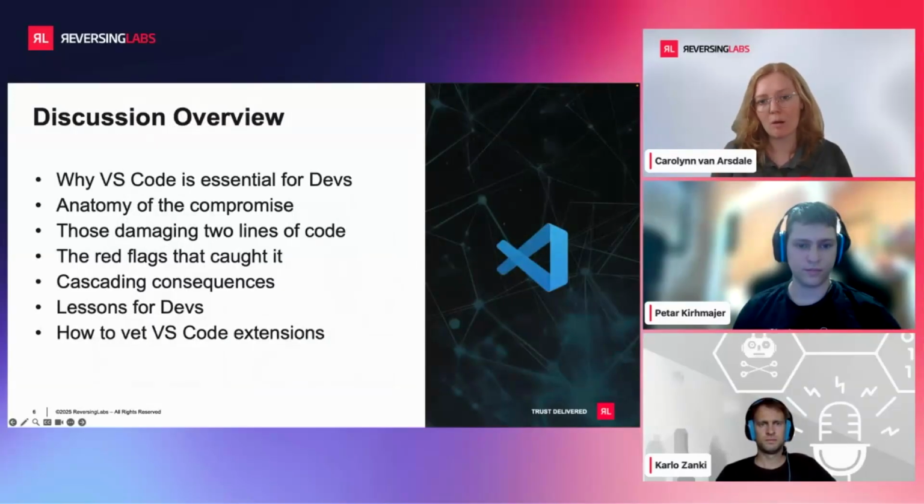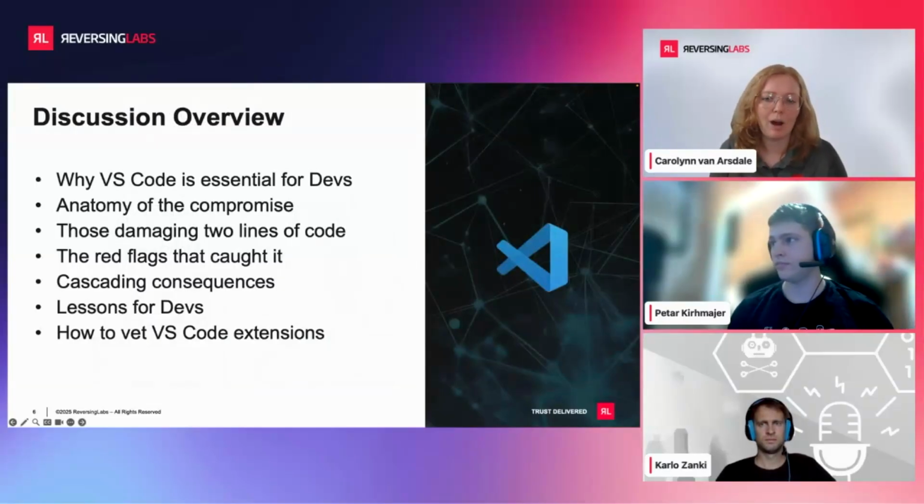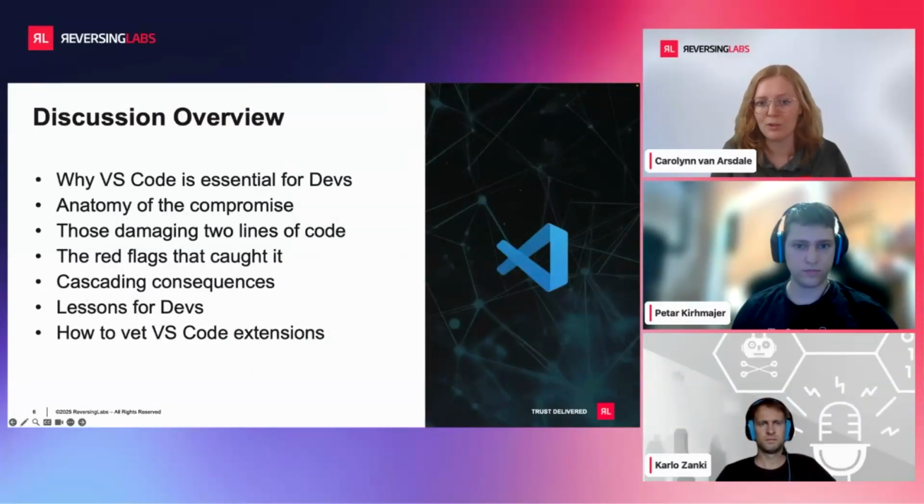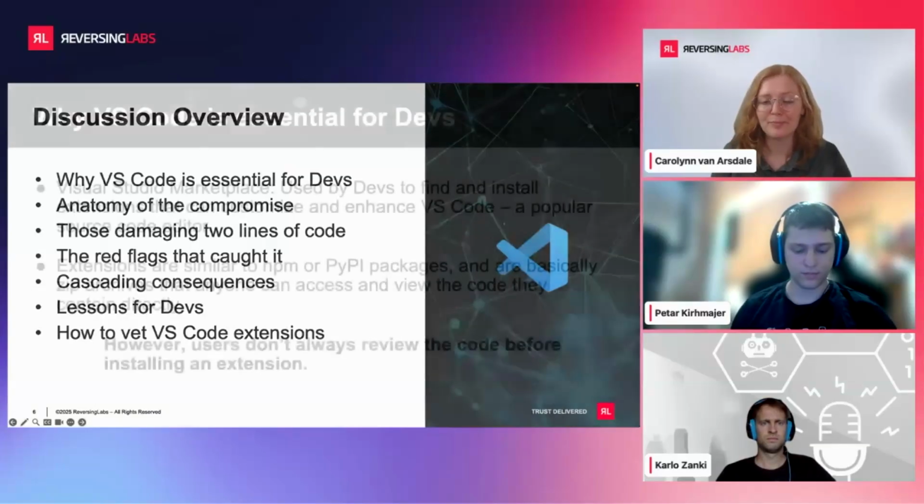But before we get into the compromise, we're going to be just giving some background on what VS Code is, why it's essential for developers, and then I'm going to have our talented researchers take it away and just explain what happened with this compromise, how ReversingLabs was able to catch it, the consequences of this compromise, and what lessons we can take away from it. And then at the very end, we're actually going to show you a free resource that software developers and the security community can use to vet VS Code packages for anything malicious that they need to be concerned about.